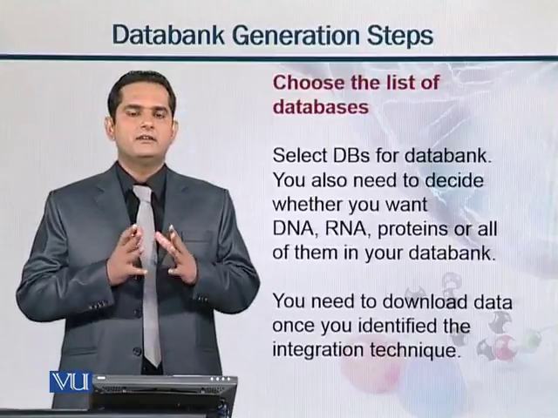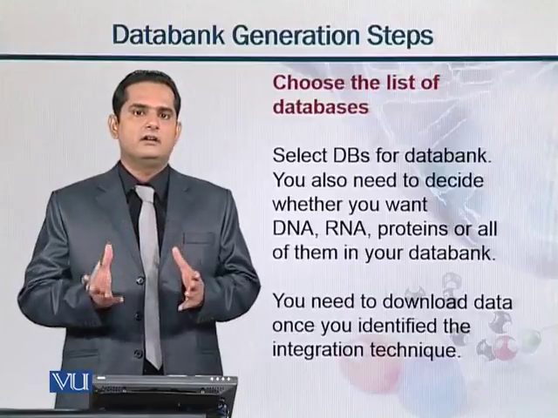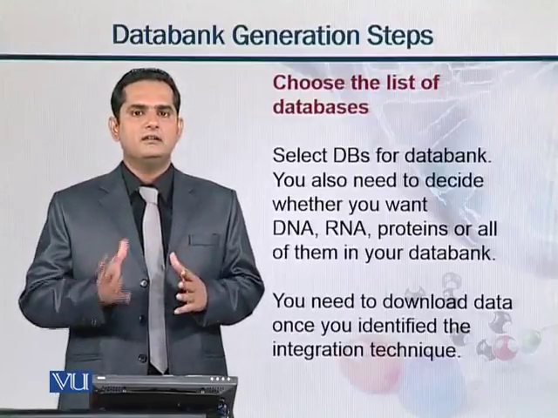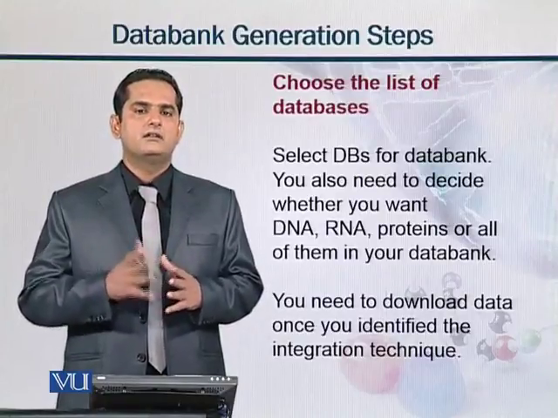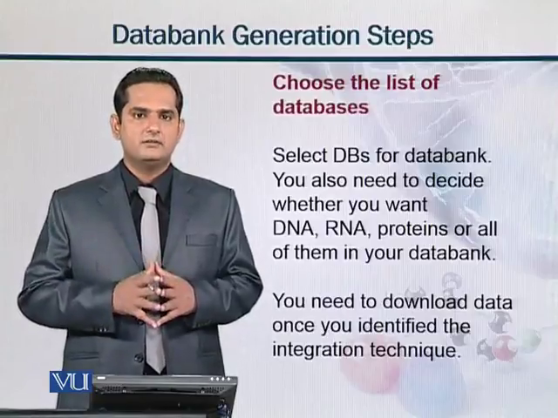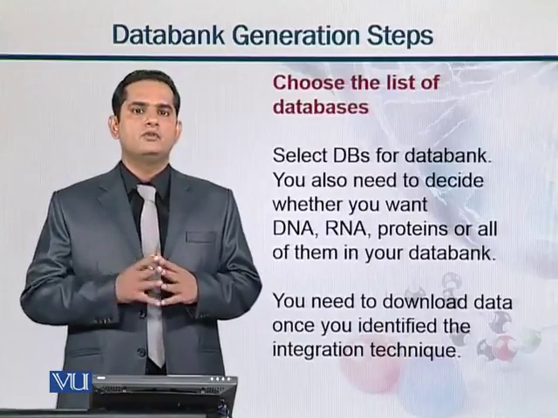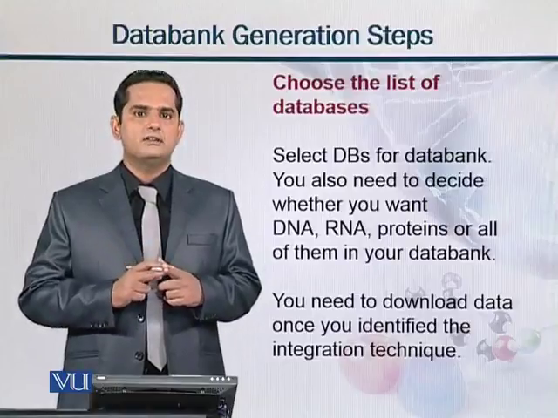The other step is the list of databases. We will decide what sort of information would be used for our data bank. Common information is again for DNA, RNA, or protein structures, and we can of course use other organisms' information also, such as viruses, bacteria, etc. So once we have identified these things, we have to know what is the structure of different DNAs, RNAs, or protein structures.